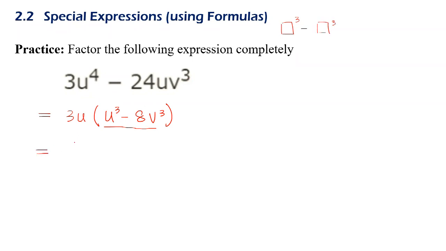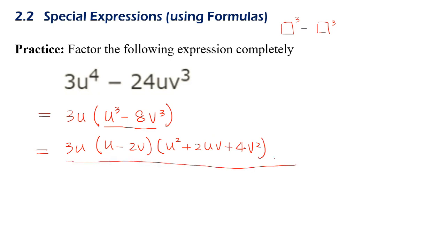So this is 3u times u minus 2v times u squared plus 2uv plus 4v squared, right? And this should be the final solution, the final factored form of the original expression.